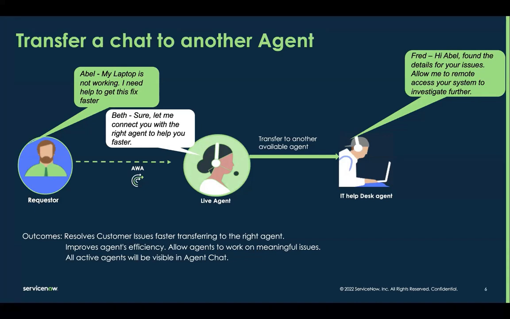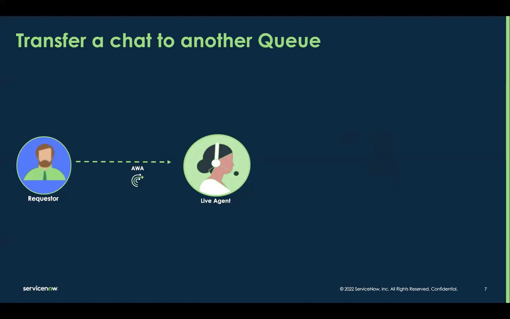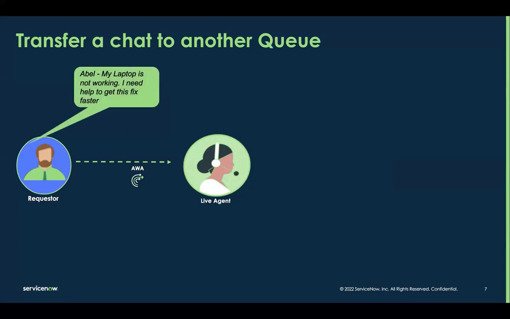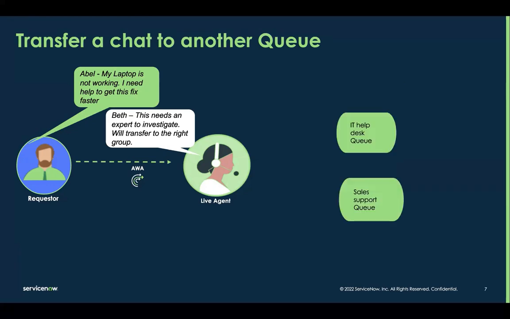So let's get into the second scenario, transfer a chat to another queue. Let's say the same requester, Abel, is looking for help to fix his laptop. It's been assigned to our live agent, Beth, and this time Beth doesn't know any agent. So she wants to know what are the available queues. Let's say there are two queues, IT help desk queue and sales support queue.